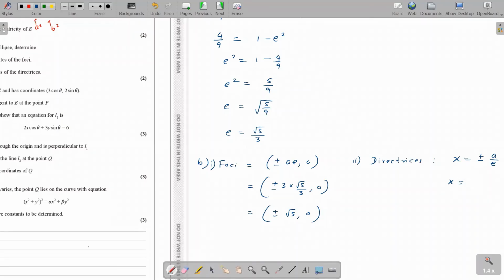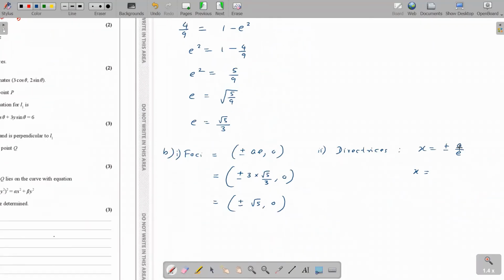A is 3, right? E is root 5 over 3, right? So x equals plus or minus, the 3 comes on top, you get 9 over root 5. Okay, x equals plus or minus 9 over root 5. Or else you could simplify it a little further and give the rationalized form, 9 root 5 over 5. Is that okay? Okay, then we'll go to the next part.